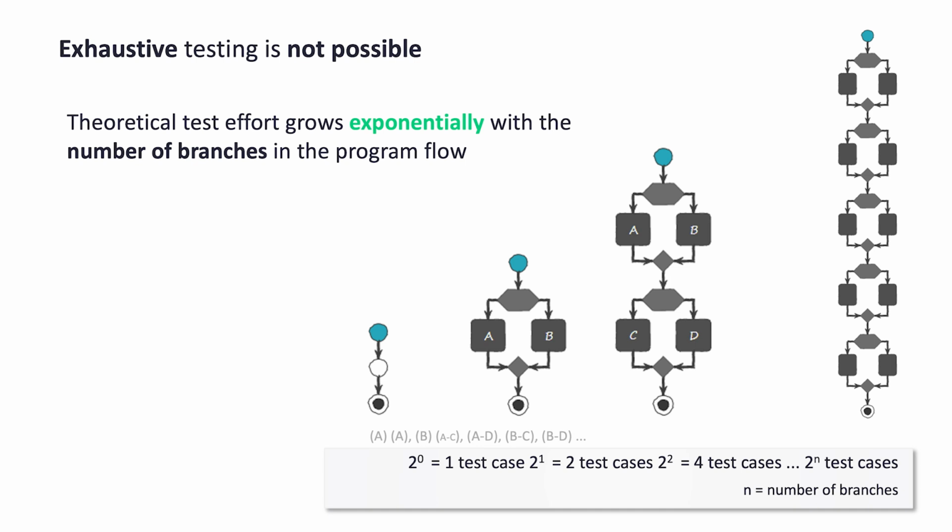The consideration also points to another possibility for reducing the test effort. If it is possible to split the software into as far as possible independent parts, the exponential growth per branch only applies within each of these parts, while the test effort for the overall system, depending on the degree of decoupling, is at best the sum, at worst the product of the efforts of the individual parts.